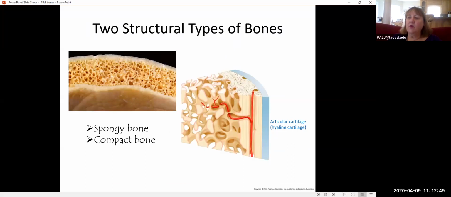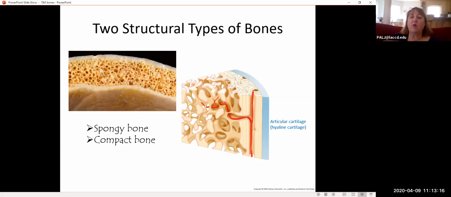All right, so this reinforces that we have 2 structural types of bone. We have compact bone on the outside of all of our bones, and that contains the osteons with their concentric lamellae. It has the circumferential lamellae around the outside of the bone, and it has the interstitial lamellae between the osteons.